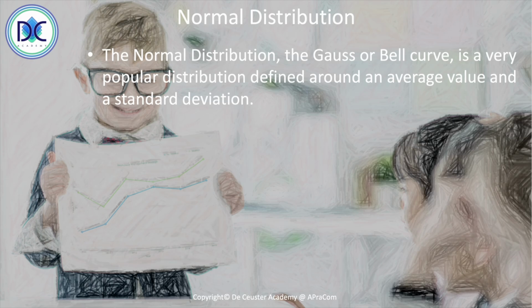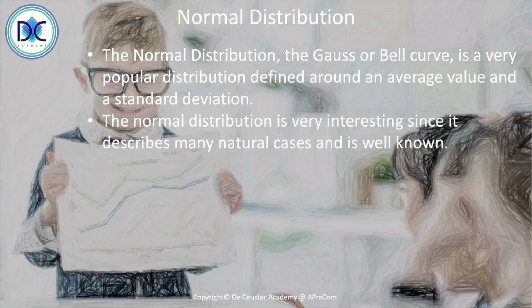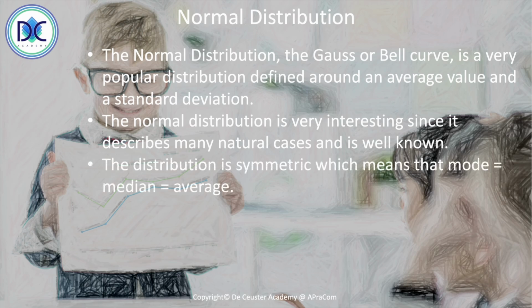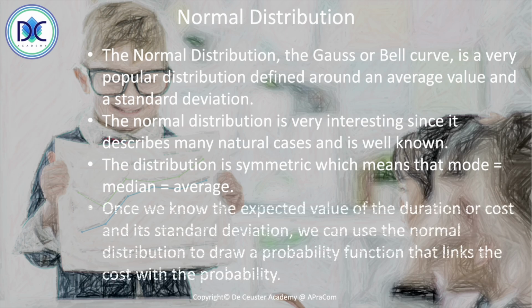It's a very interesting distribution because it describes many natural cases, and it is a well-known distribution for project managers and for statisticians and people in many businesses. It's a symmetric distribution, which means that the mode is equal to the median and it's equal to the average or the mean.